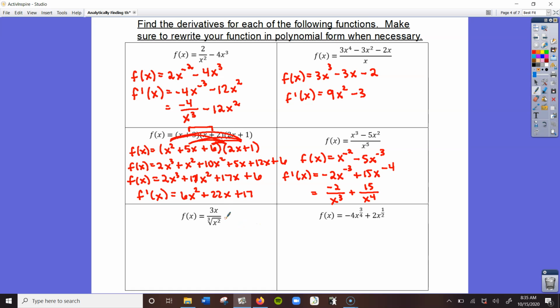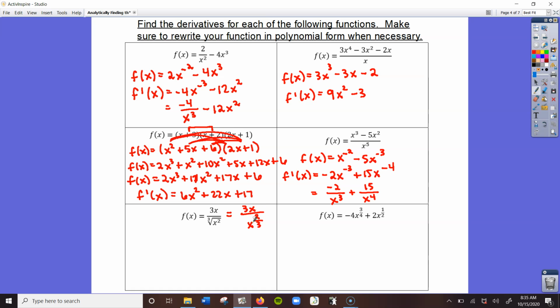With this next one here, we have 3x over the cube root of x squared. When you have any kind of root, you can always rewrite that root as an exponent. As a reminder, the root is the denominator of the exponent and the power is the numerator. So I can rewrite this as 3x over x raised to the 2 over 3.